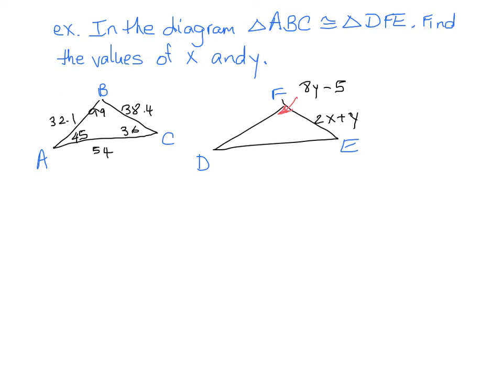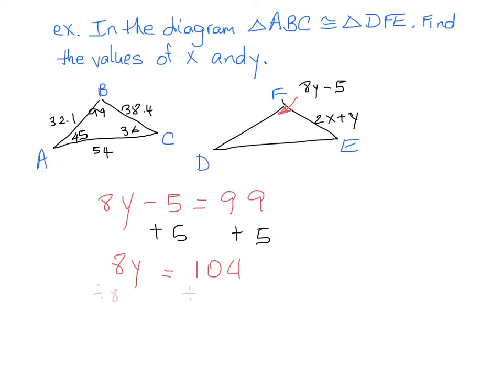So in order to figure out what y is, we know angle B is corresponding to angle F, which means that 8y minus 5 is equal to 99. So we can add 5 to both sides, and we get that 8y is equal to 104. Now we can divide both sides by 8, and we get that y is equal to 13.